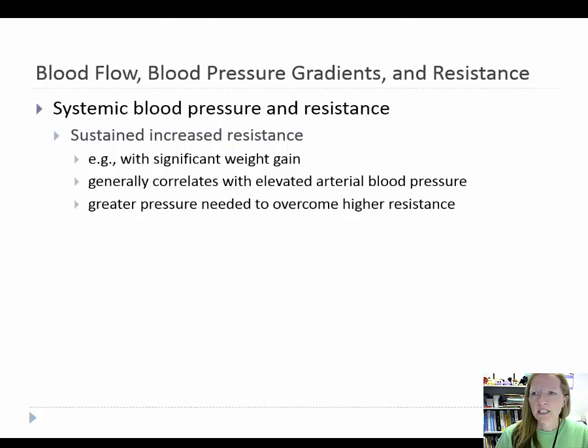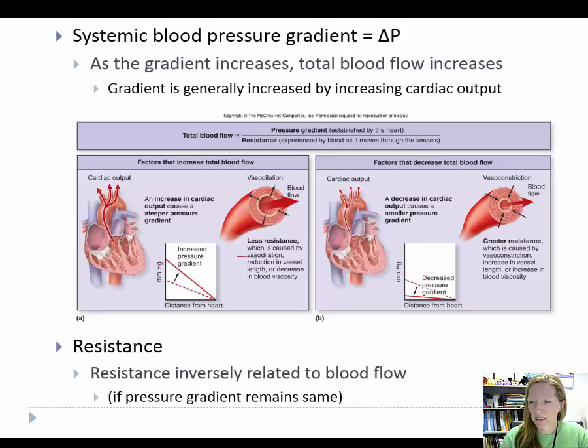So let's take a look and see what happens if you do have a sustained increase in resistance. Remember that resistance has to do with three factors: diameter, length, and viscosity.